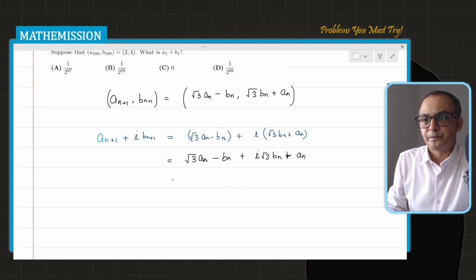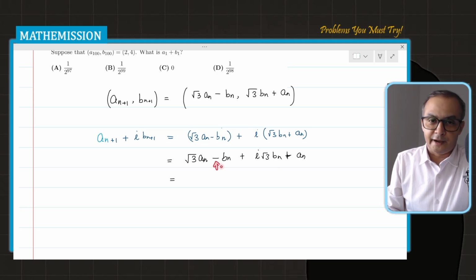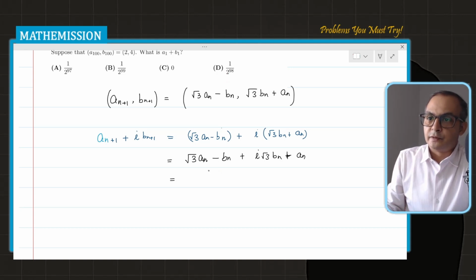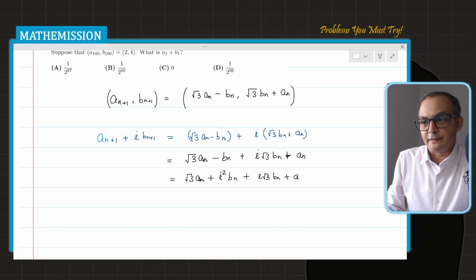You can notice this minus 1 here I can write as i square. So by writing this, I'm getting root 3 an plus i square bn plus i root 3 bn plus an.